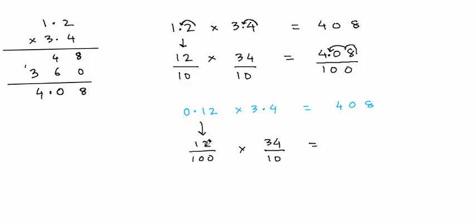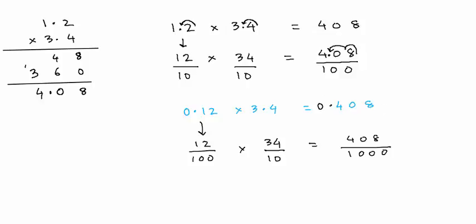So that is equal to the product of 12 and 34, that's 408, divided with the product of 10 and 100, which is 1000. So this time, you want to move the decimal point 3 places over to the left. The answer is 0.408.